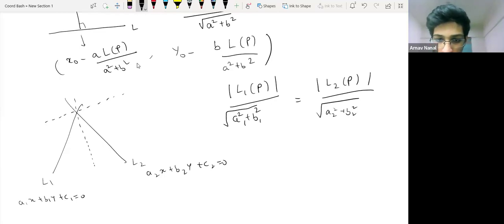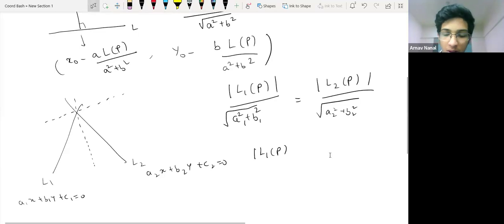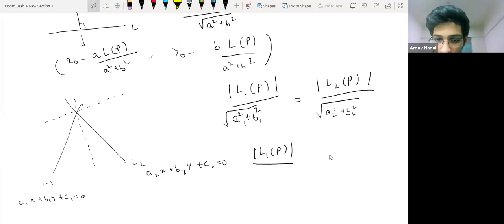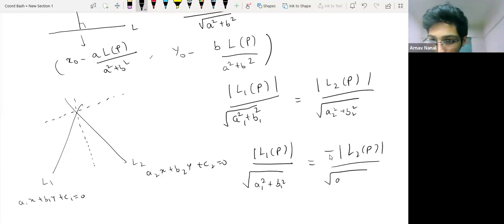This will be one of those, and the second one will be L1 of P upon root a1 square plus b1 square equal to minus of L2 of P upon root.